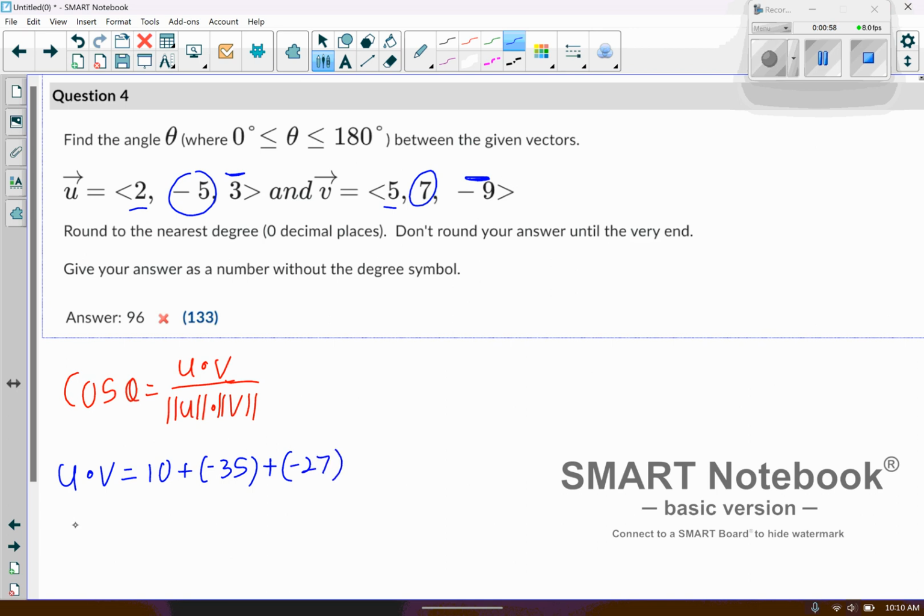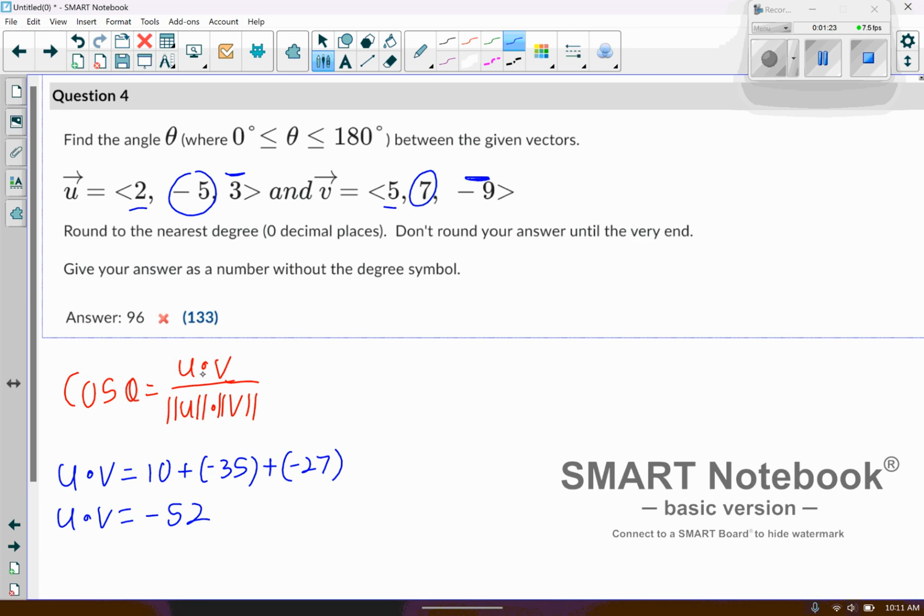We'll add that all together, and we should get negative 52, I believe. Yeah, that looks good to me. That's our dot product for u and v.